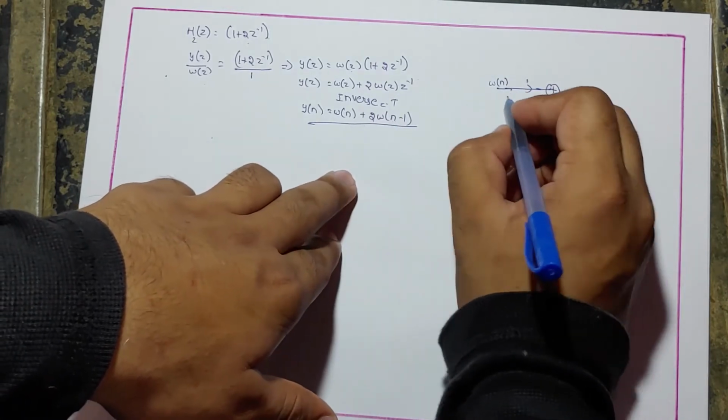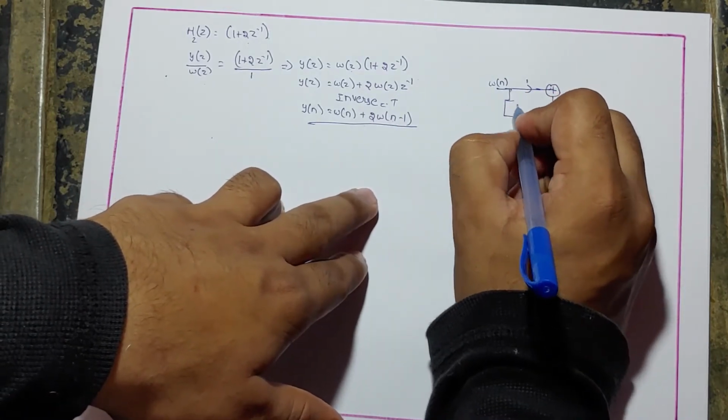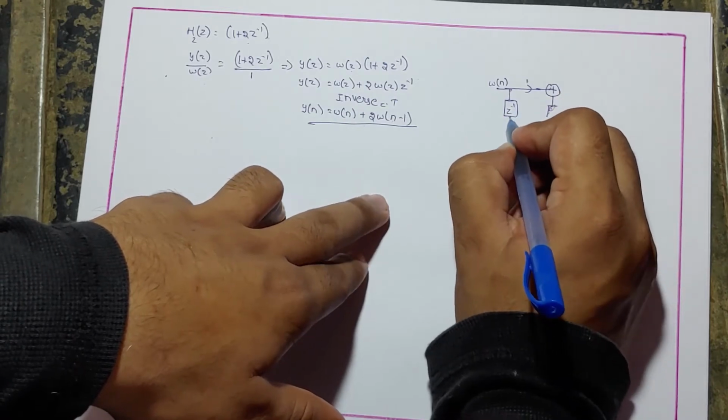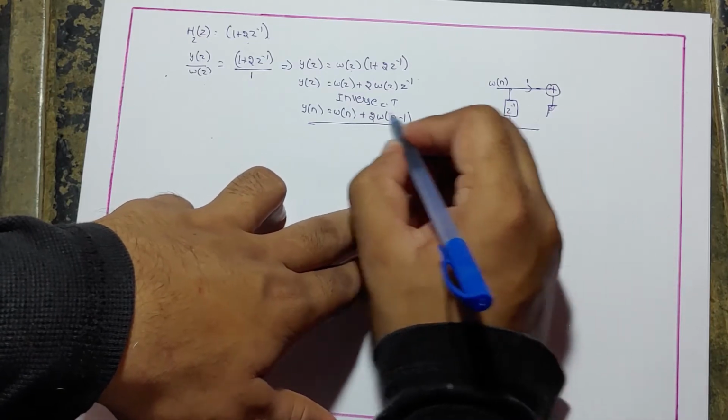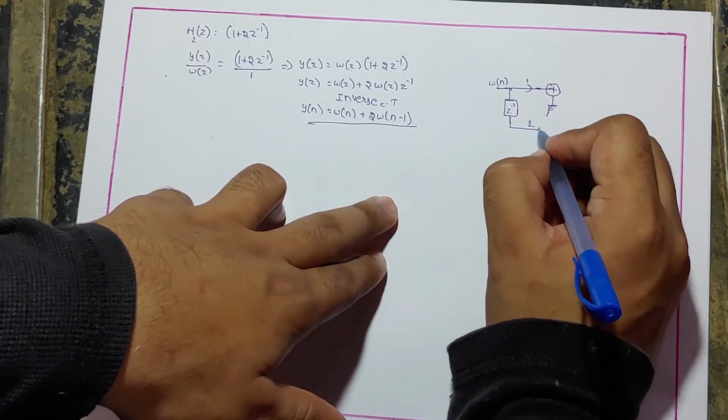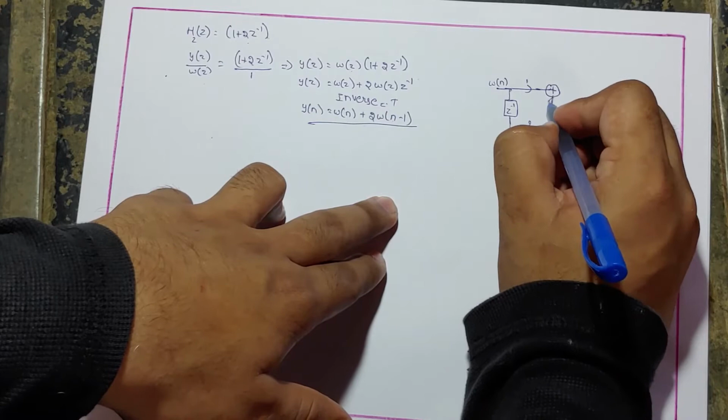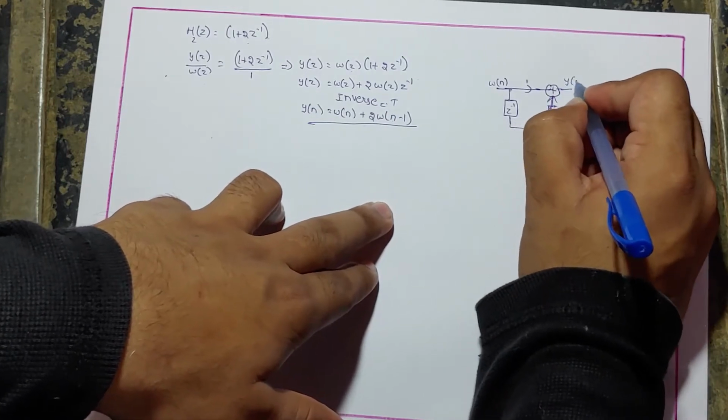W of n is delayed by an element of z to give an output of w of n minus 1, and it is multiplied with a constant 2 to give y of n as an output.